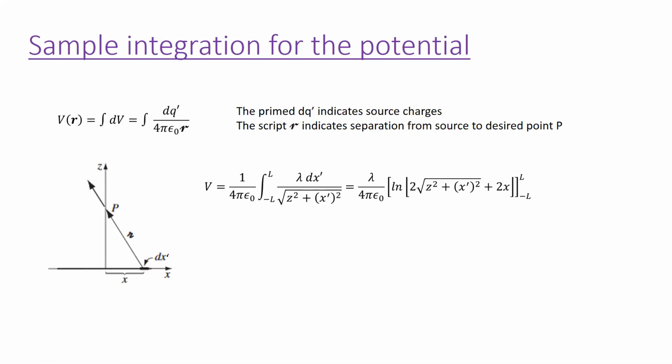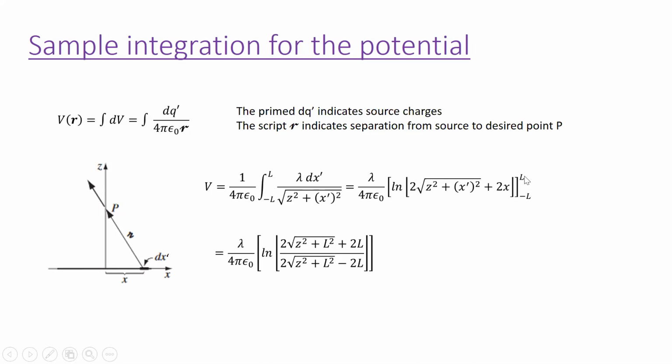It turns out it's kind of tricky to evaluate, but we can do it using Mathematica, and it turns out to be this: lambda over 4 pi epsilon naught. We pull the lambda out. The integral of this is just the natural log of 2 times the square root of z squared plus x prime squared plus 2x, evaluated from minus L to L. Okay, so I know that's not a nice, neat and tidy integral, but notice that it's only taken us 2 steps as opposed to 5 or 6 steps when we were calculating the electric field to get the electric potential.